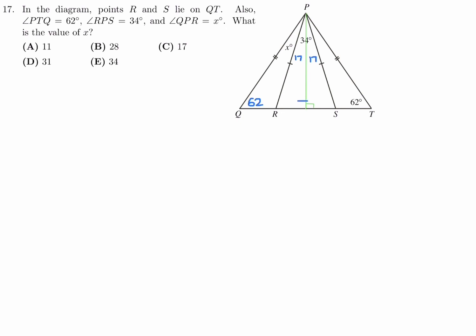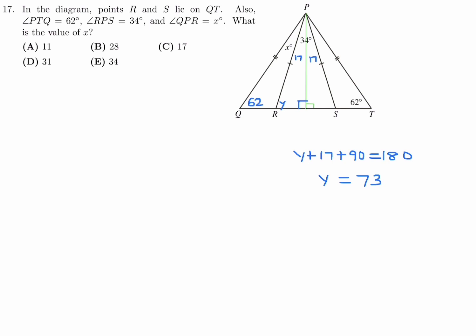Well, this is a right angle and this is 17. So now I can figure out this angle. Y plus 17 plus 90 is equal to 180 degrees. So that means y would be 90 minus 17, which is 73.